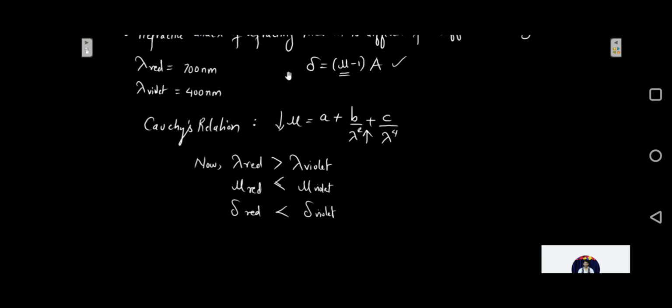Other colors are deviated by angles between those for red and violet. So the different colors contained in white light emerge from the glass prism in different directions due to different angles of deviation and different wavelengths, and this is called the dispersion of light.